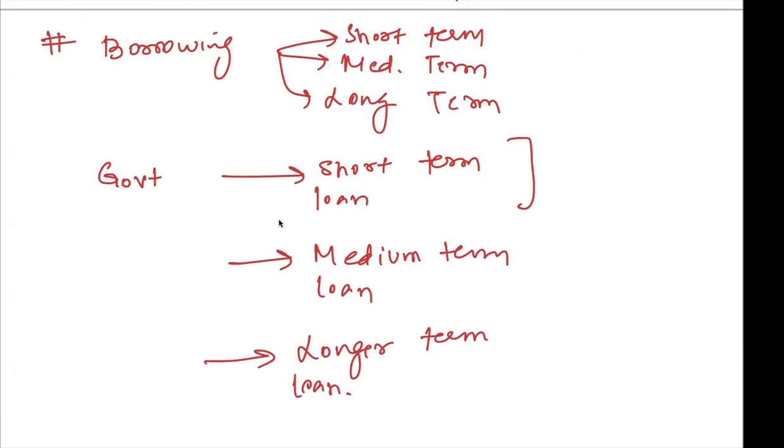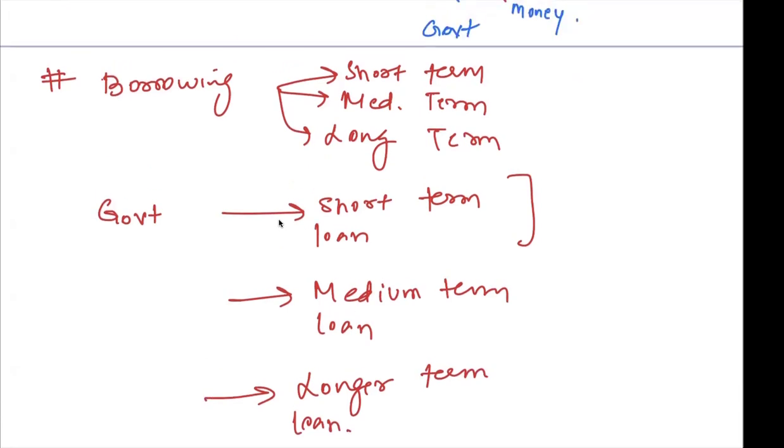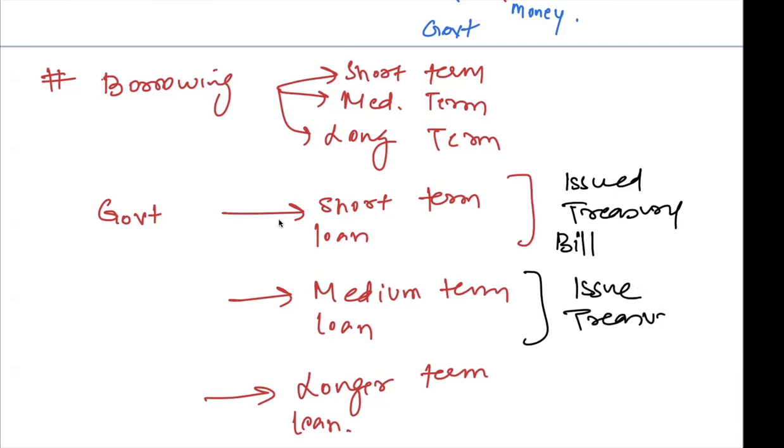When government wants a short term loan, they'll issue treasury bills. If they want medium term, they'll issue treasury notes. And if they want long term, they'll issue treasury bonds.